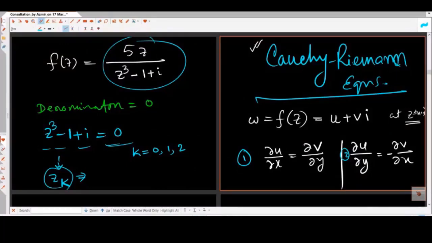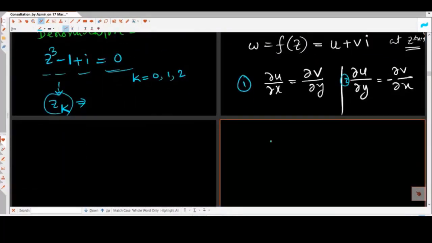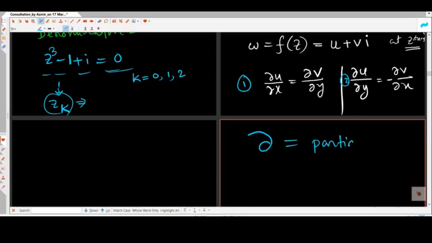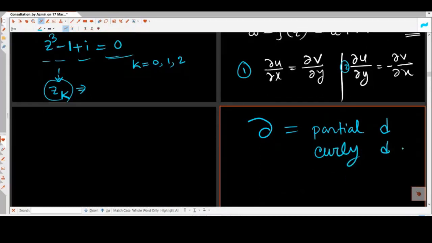I have used one symbol here. This symbol is called the partial symbol. It is also known as partial d, or curly d, or curved d.